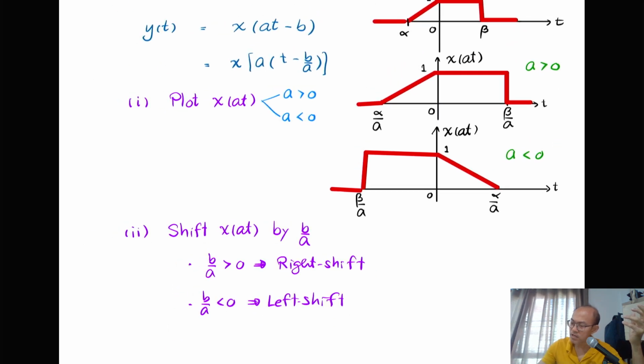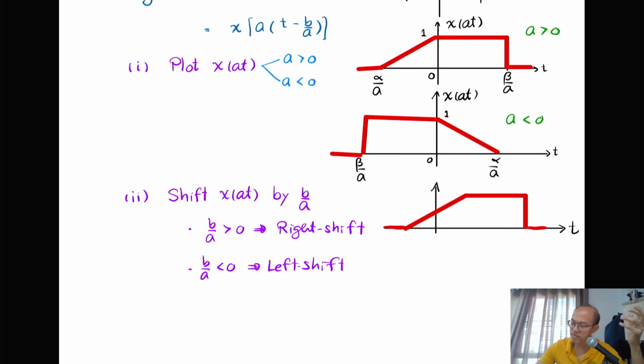So the above graph, if b over a is positive, it will become this. You shift it to the right if b over a is positive, but if b over a is negative, then we shift it to the left.